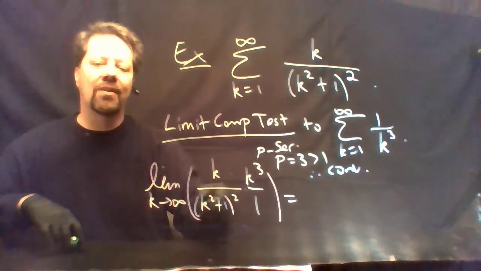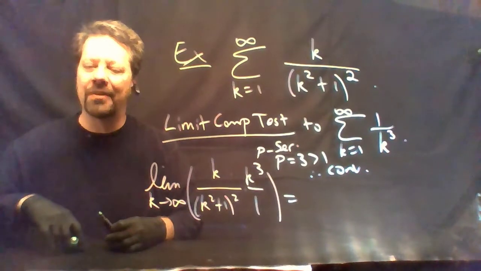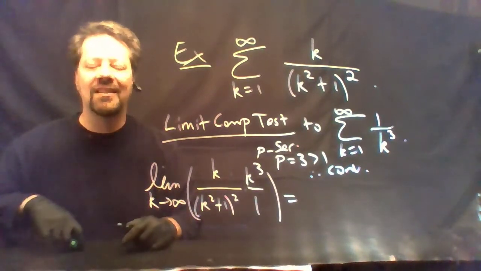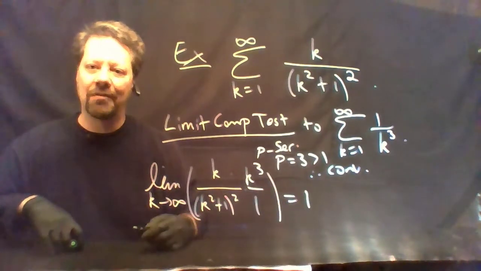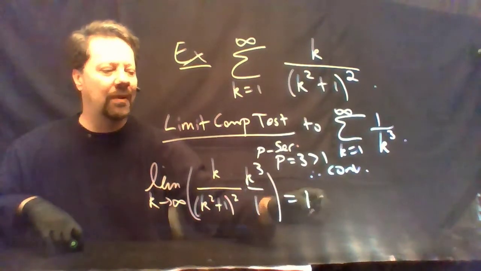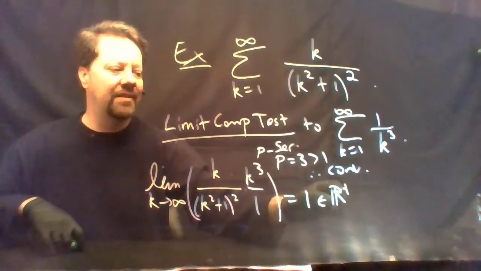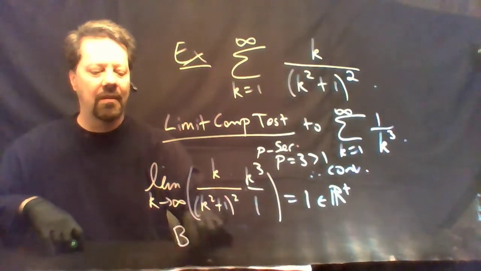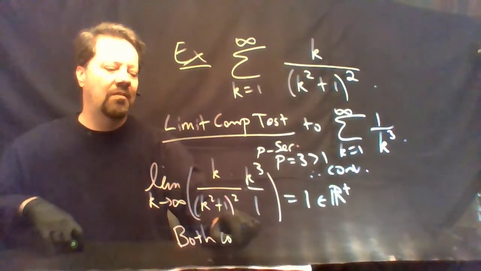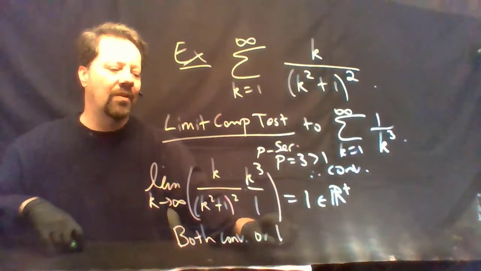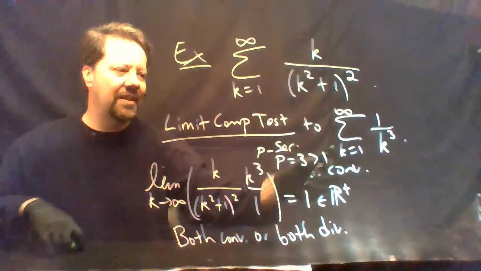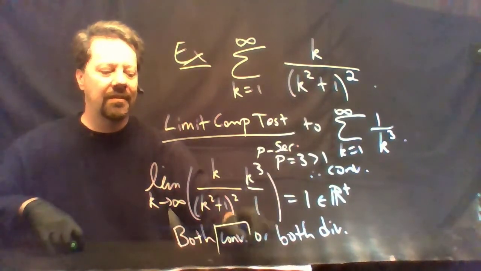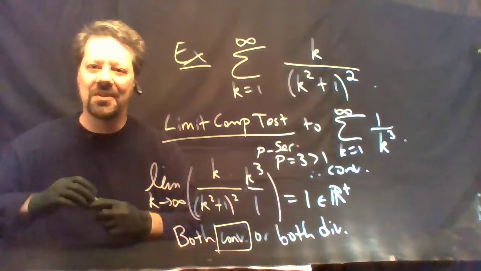The denominator also looks like a polynomial of degree 4 after you FOIL it out, with leading coefficient 1. Therefore, taking the ratio of leading coefficients, the limit is 1, which is a positive real number. Both converge or both diverge. Since the p-series converges, this series converges too.